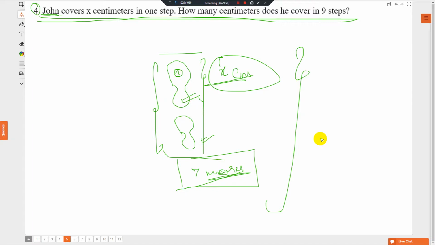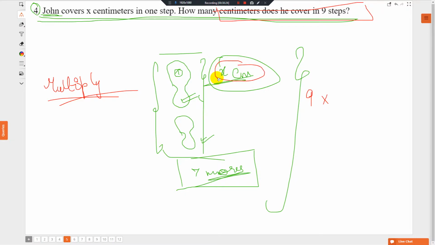So what do we have to do? Divide, subtract, multiply or add? Yes, we should multiply. To get the total distance, we multiply the number of steps by the distance covered in one step.